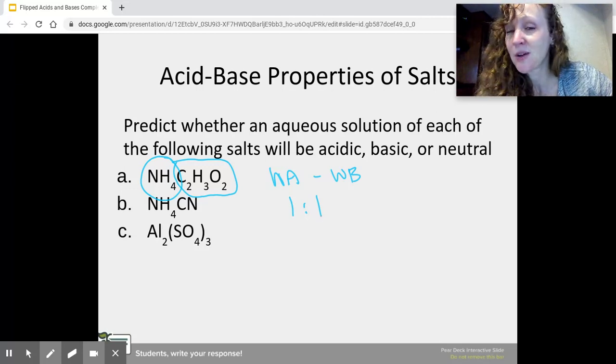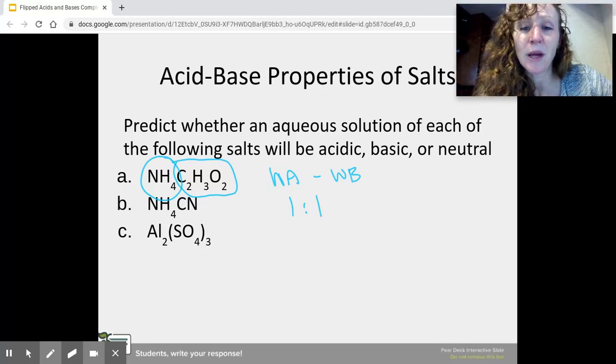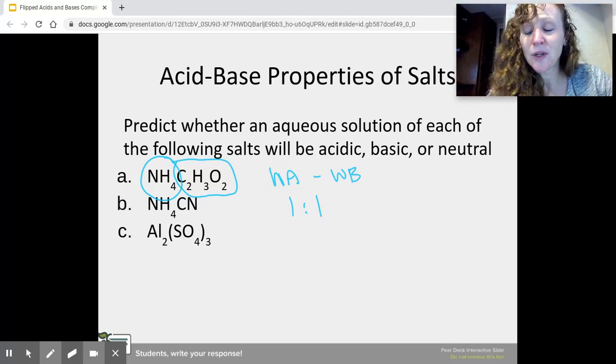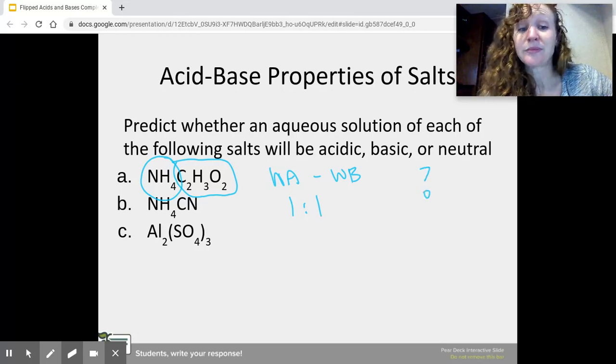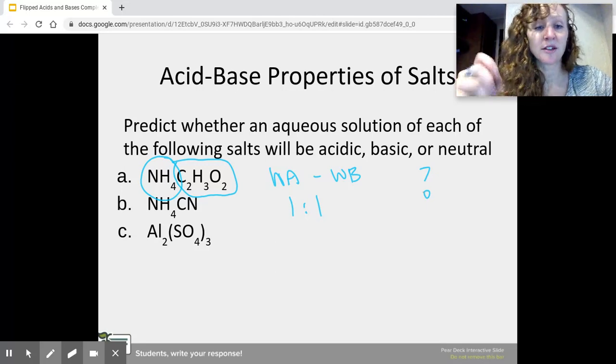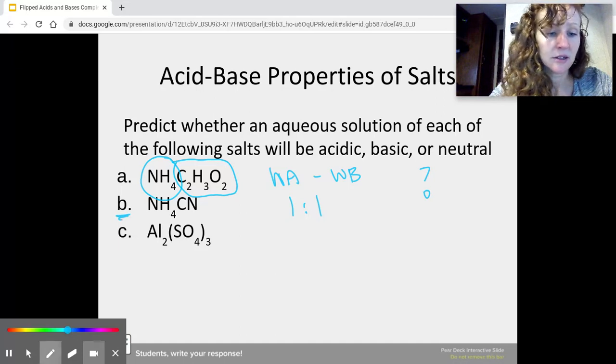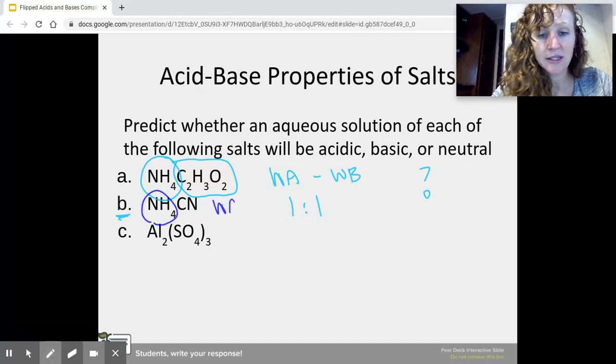Now, if you have those K equations memorized, you can actually answer that question. Or you can go look them up. But for now, we'll have to say we don't know. If they're equal strength, it'll be neutral. If they're not equal strength, it'll fall to the one that's stronger. Okay, B. NH4+, that's a weak acid.